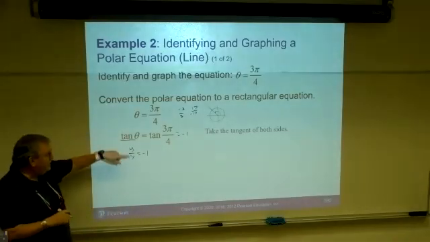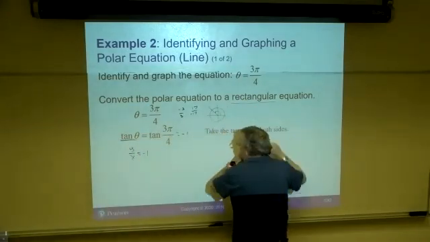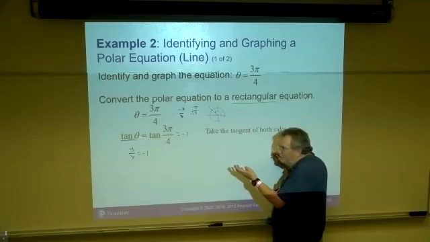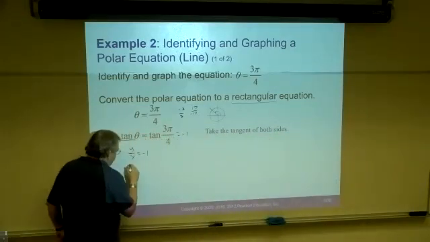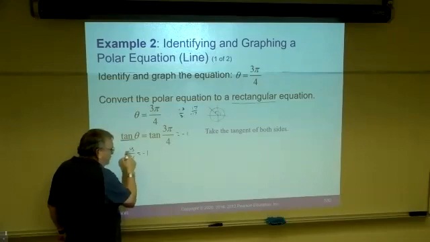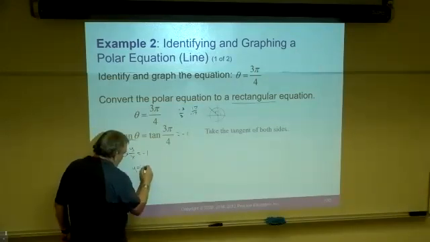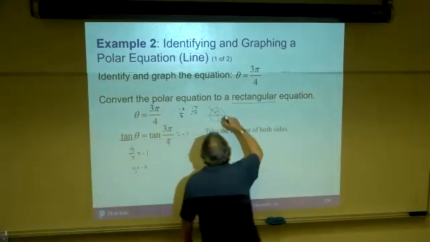Because tangent is y over x, because we're going to convert to rectangular. So now we just multiply both sides by x. This is called a direct variation. Y equals -x. Well, that's this line.